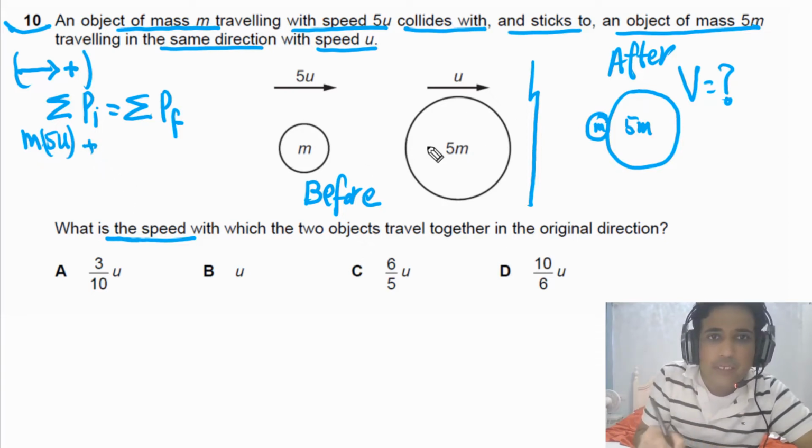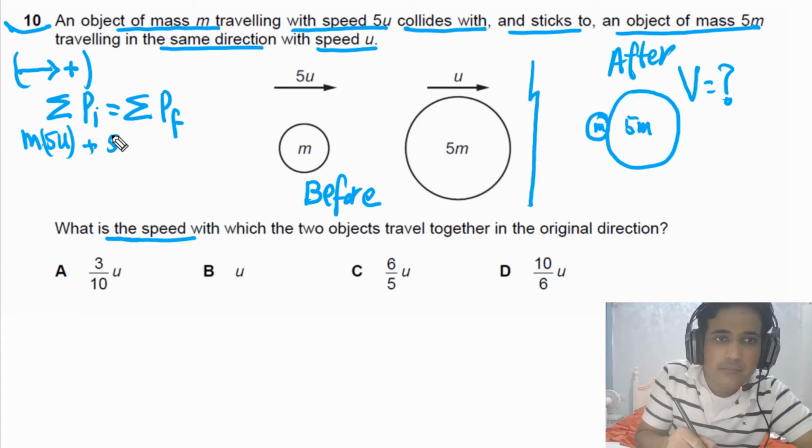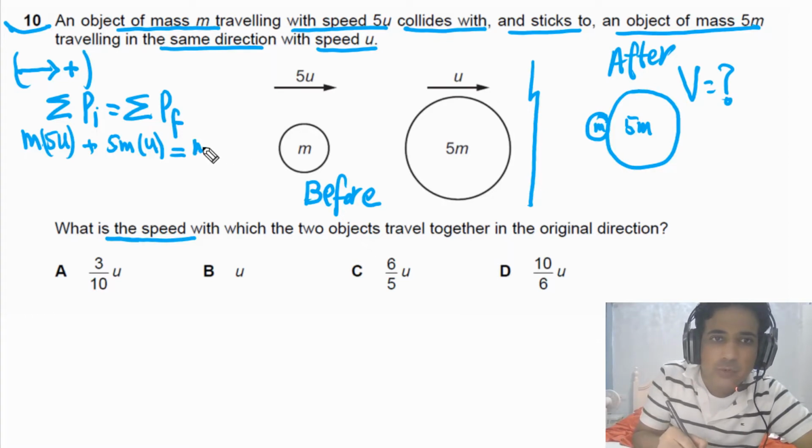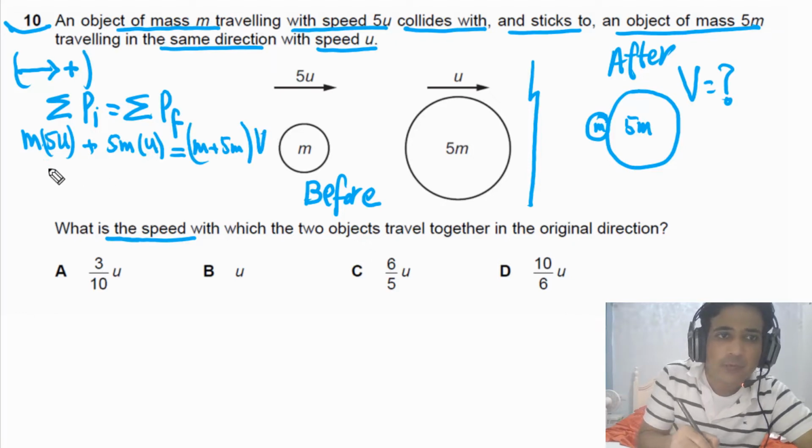The second object has mass 5m and its speed is u, positive because it is moving to the right, and we have taken to the right as positive. Now we look at the momentum of the combined object. The total mass of these two objects is m plus 5m, times v. If we simplify, the first is 5mu and the second is also 5mu.